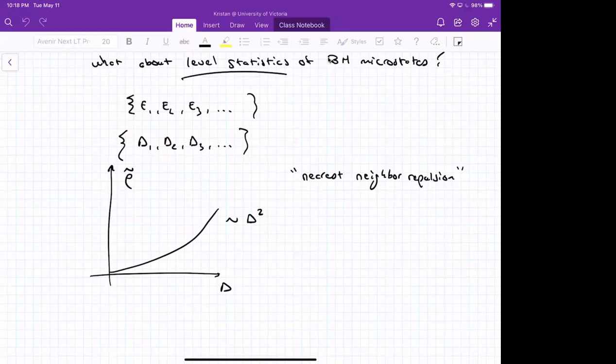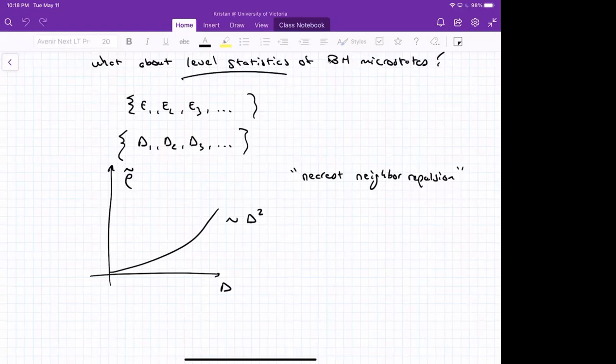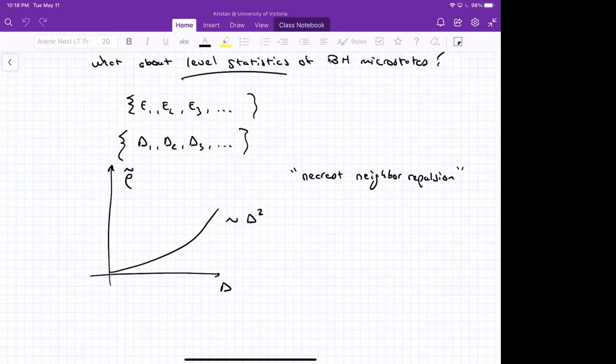Sorry, Kristan, isn't this for quantum mechanics? Are we supposed to think about this even for extended systems? Yeah, I can think of a lattice gauge theory as a particularly complicated quantum mechanics. Yeah, lattice gauge theory with some IR cutoff. That's right. So for example, lattice gauge theory on a sphere.